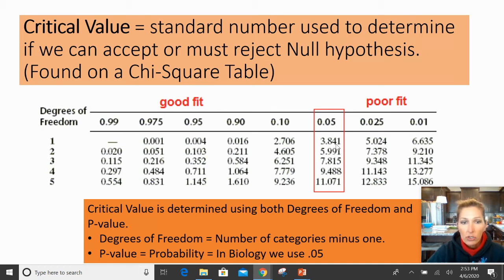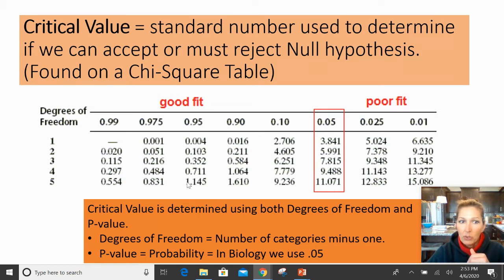Now, for each chi-square problem you do, you have to know how many degrees of freedom our particular situation gave you. Now, in that first example where I was looking at dominant or recessive, so I had a dominant phenotype, I had a recessive phenotype. Well, what that actually means is that I had 2 different categories.